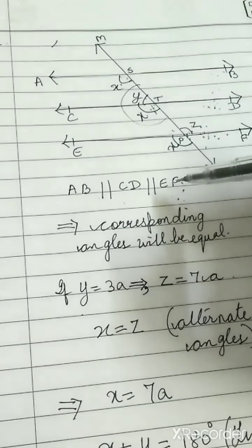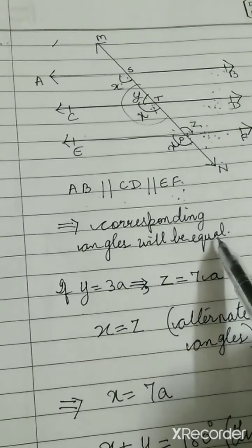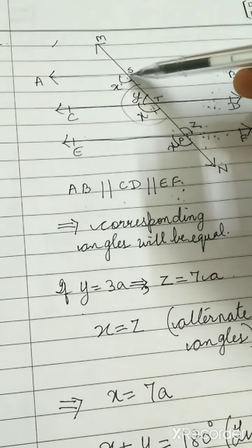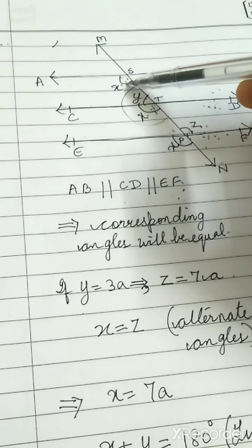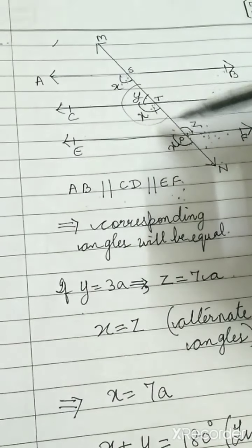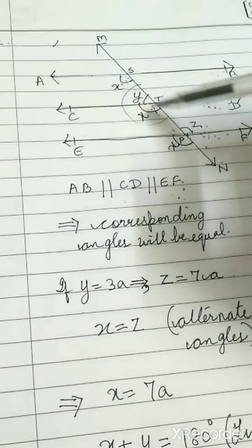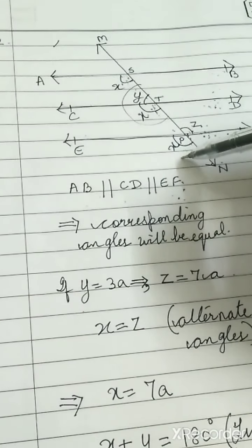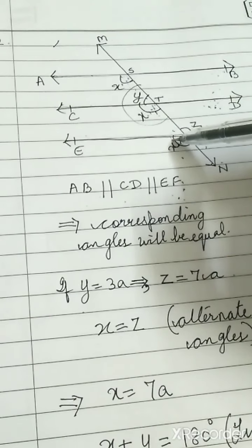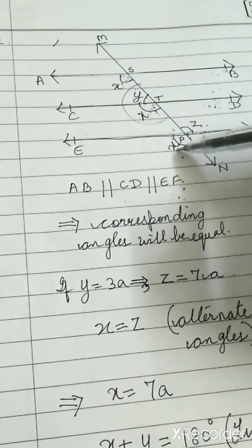And what does that mean? That the corresponding angles will be equal. I have labeled the corresponding angles. AST is given x, therefore CTP will also be x, corresponding angles, and similarly EPN will also be x, again corresponding angles. So all the three angles are x.